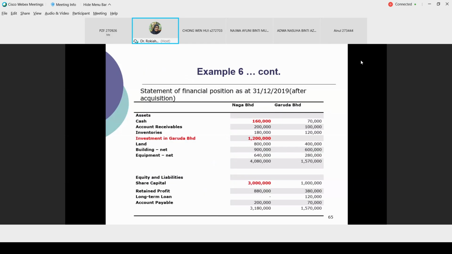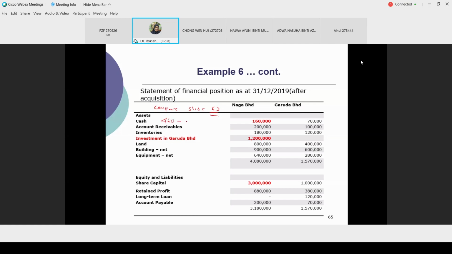Next, look at the statement of financial position after the acquisition. The assets of Naga have been reduced. Compare with the information in slide 62: the cash in Naga there is 460.